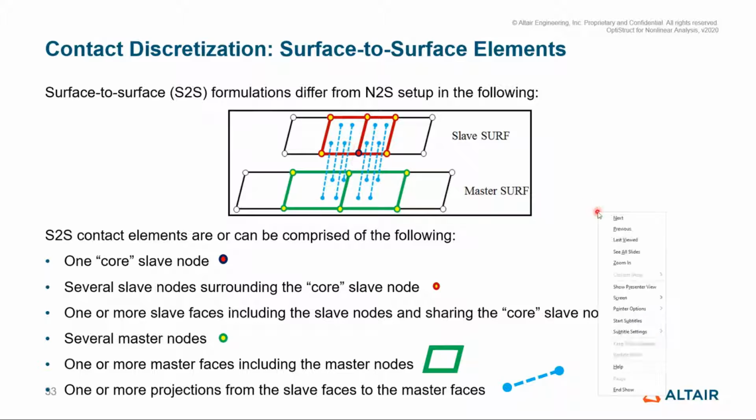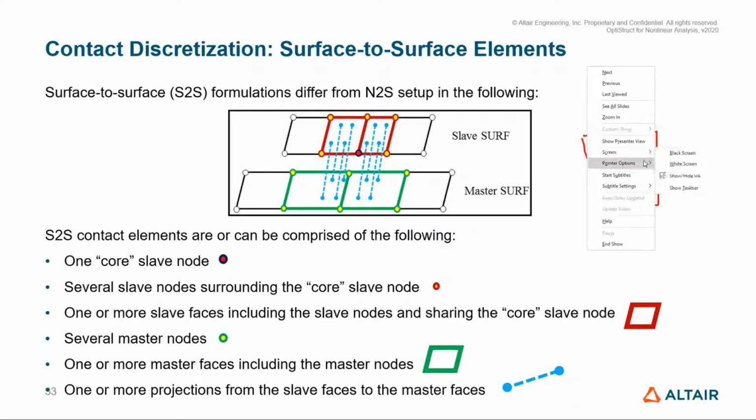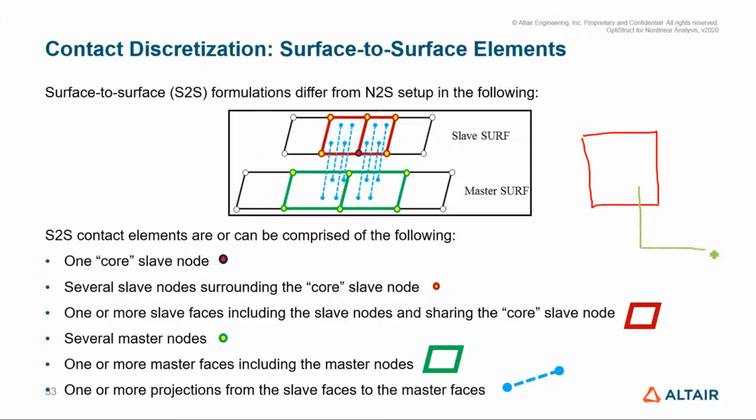Let me draw something like this. Let's say this is the master surface from the top view, and your slave surface is something like this here.